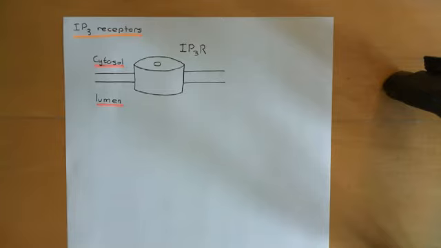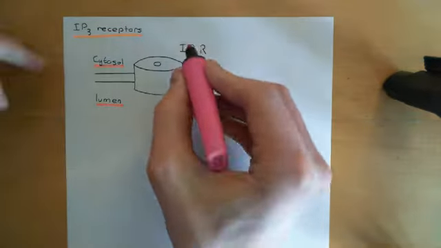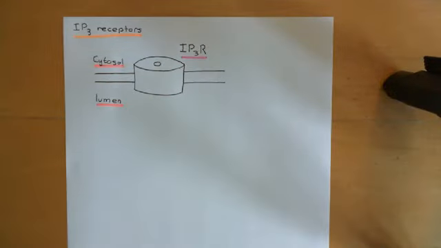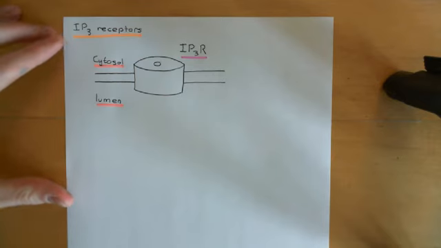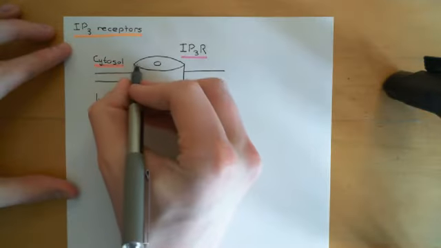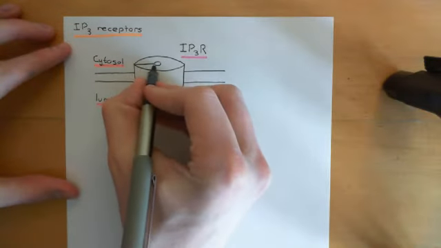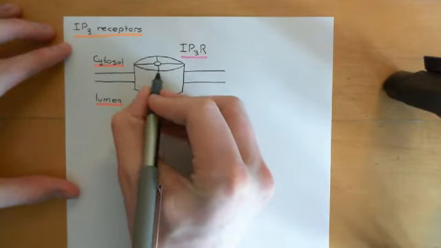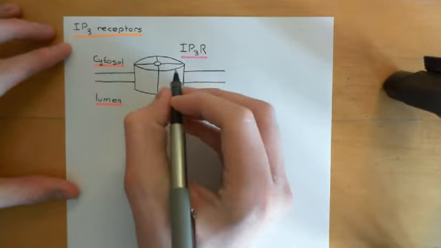So let's now talk about the structure of these IP3 receptors. The first thing to say is that IP3 receptors are absolutely not just one protein. Instead they are made up of multiple proteins stuck together. The IP3 receptor is actually made up of 4 separate subunits joined together, that each make up a quarter of the entire thing.